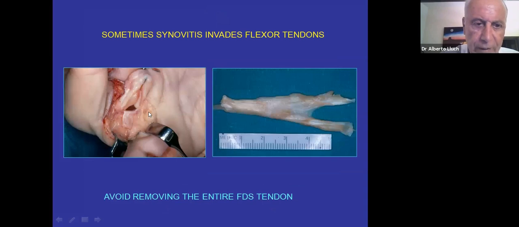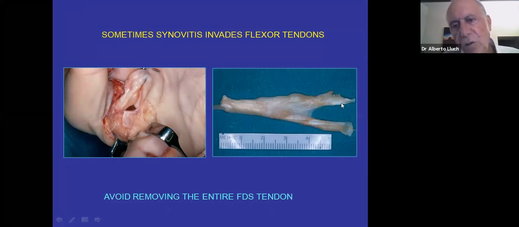But not all the cases are so easy, because sometimes the synovitis invades the flexor tendons. This is the flexor tendon, this is the finger, this is a hook around the flexor tendon, pulling it away. Please try not to remove the entire flexor digitorum sublimis tendon, as they have done sometimes in the past, because then the chances of getting a swan neck deformity are greater.